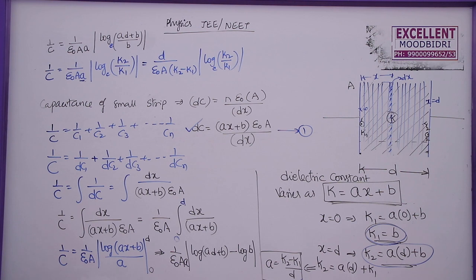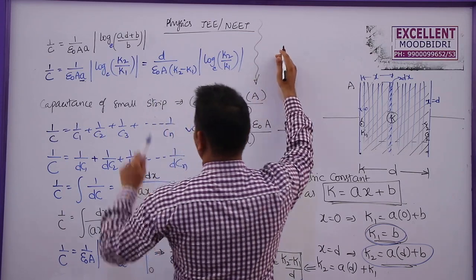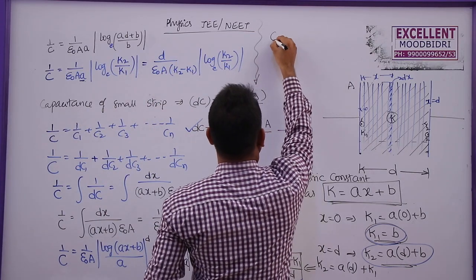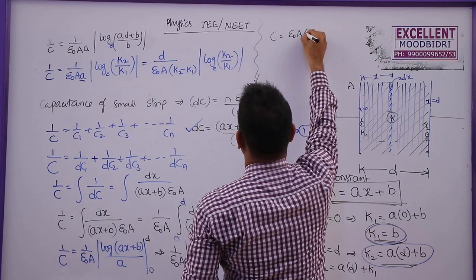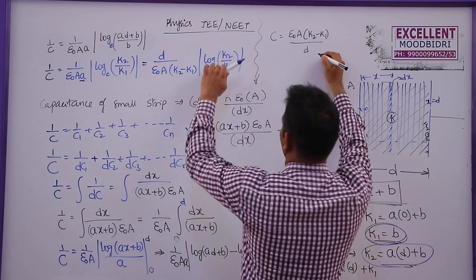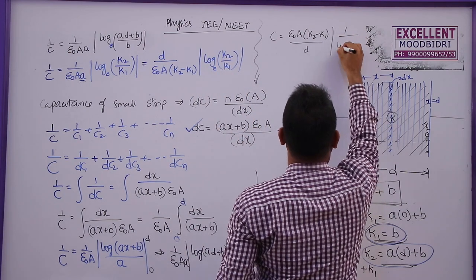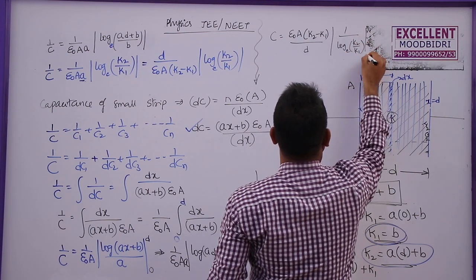This is the 1 by C value, but I want the capacitance value, so just reverse this equation. The capacitance is epsilon naught A (K2 minus K1) by d, into 1 by log of K2 by K1 to the base e.